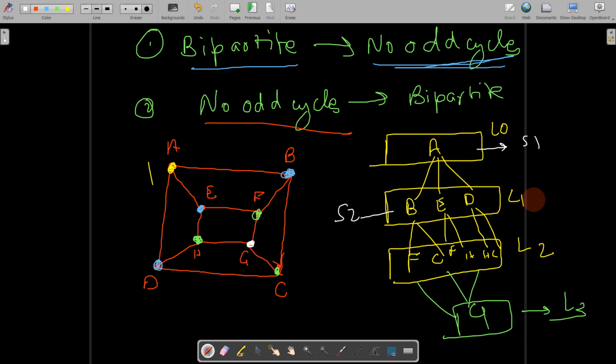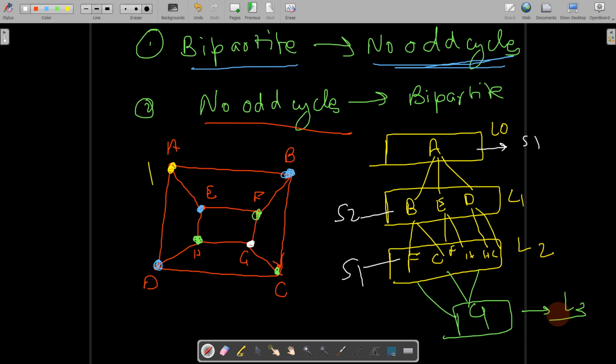Now I know that level 1 and level 2 are adjacent. Again, I have to put it in the first set. And I know that level 2 and level 0, we can see from the diagram, the green and the yellow, do not have any edge. So I can put level 2 into set 1.